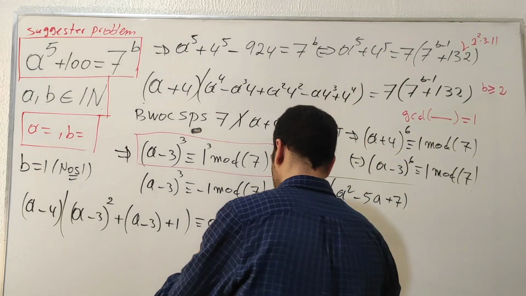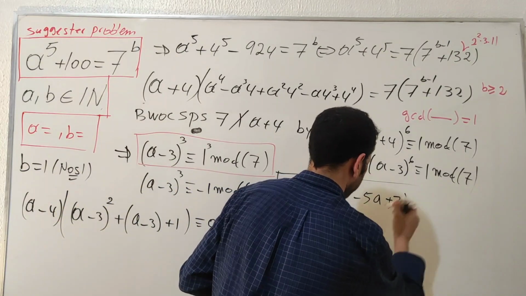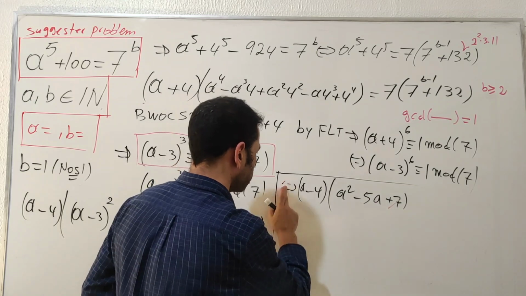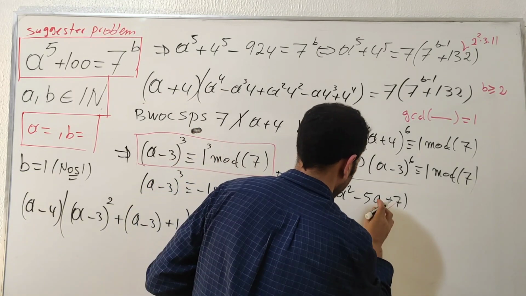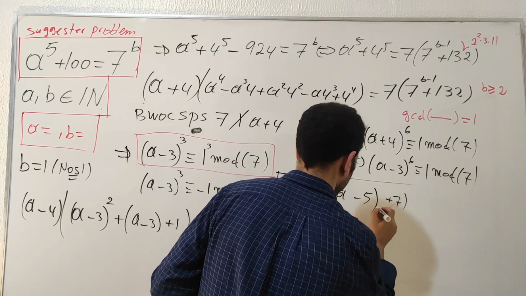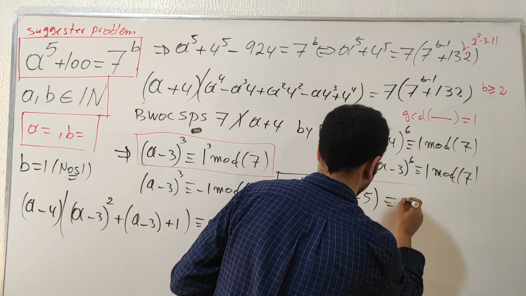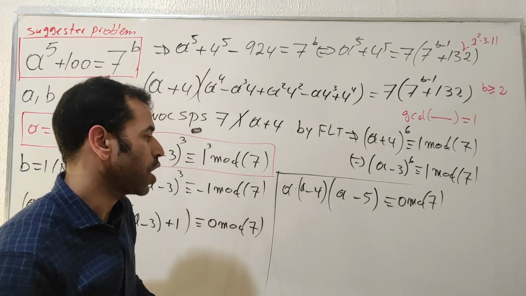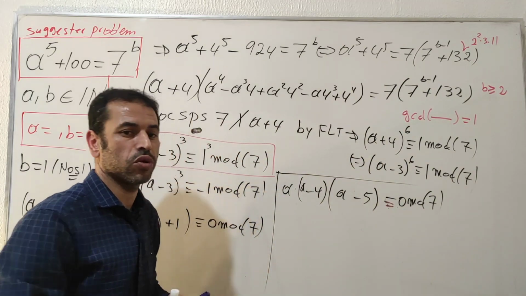Remember, we are reducing this one mod 7, so this one will be 0. Then taking a out of these things here, let's cancel this a like this, because this one is 0. So a is congruent to 0 mod 7. We don't have equality because we have the congruent sign, so we just reduce.